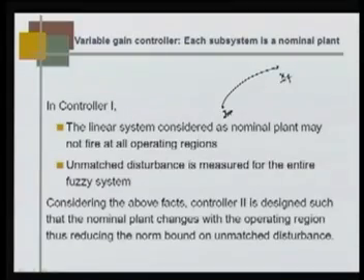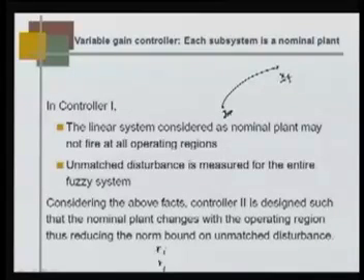As the operating zone changes, whichever rule is fired, from that rule we take the plant. If two rules are fired, I consider each of them as the nominal plant. Let us think two rules are fired, rule i and rule j.